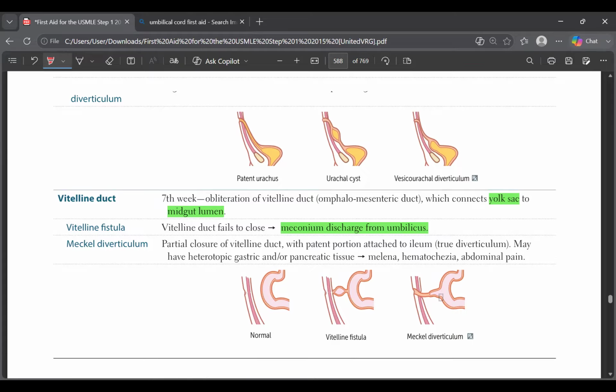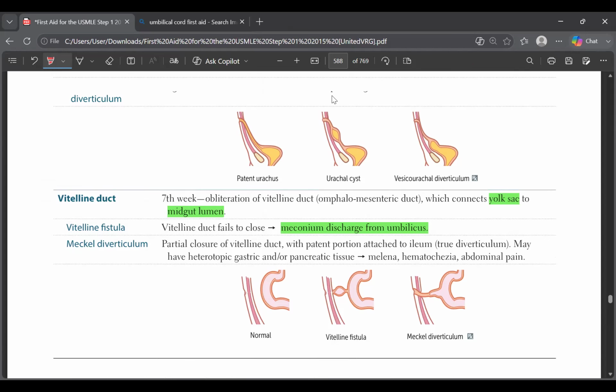Heterotopic basically means from a different origin, right? So not from the ileum, but from the gastric, the stomach, the pancreatic tissue. This diverticulum can cause melena, hematochezia, and abdominal pain.